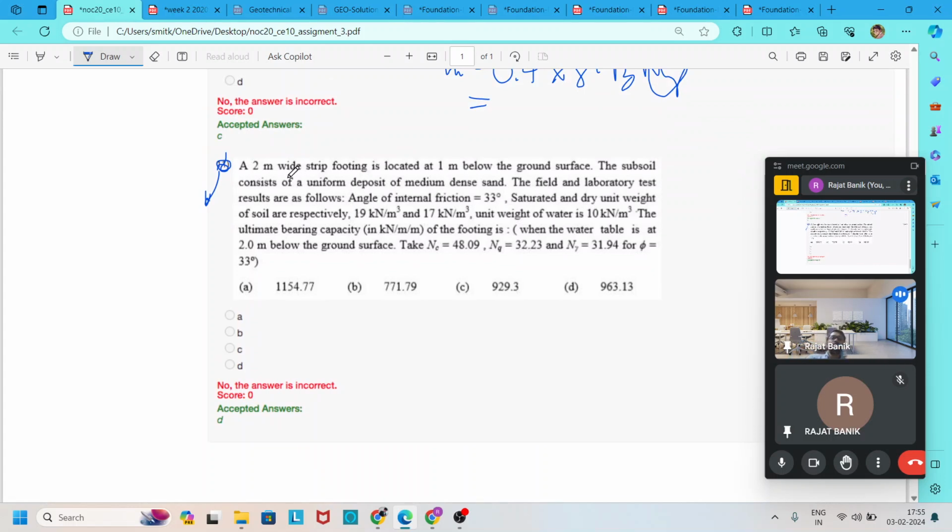Now first I discuss the problem, and then I discuss the solution.